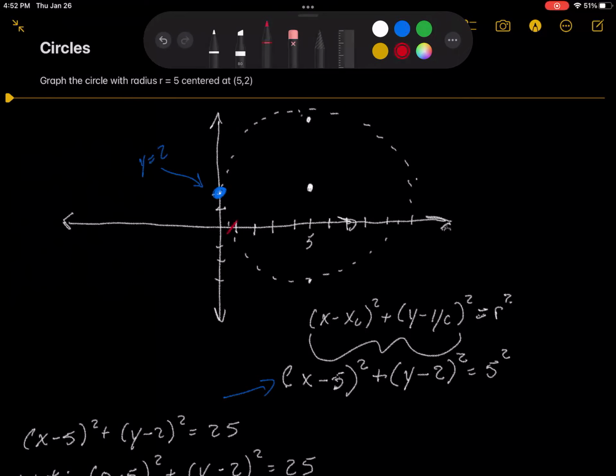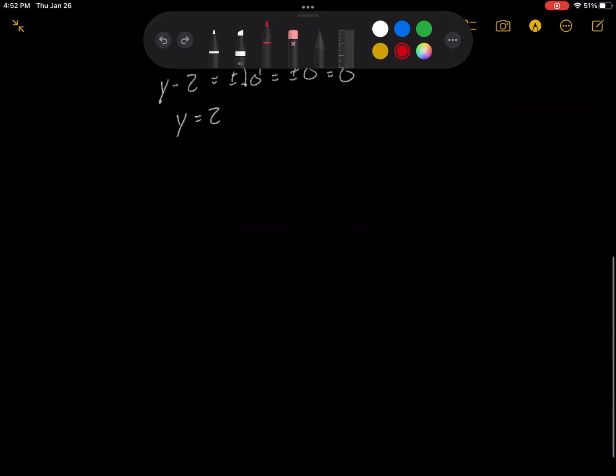Now let's find our x-intercepts. In the same way, what's true about your x-axis? At the x-axis, your y value is 0. So let's go to our equation and replace y with 0. Let's label this: x-intercepts.